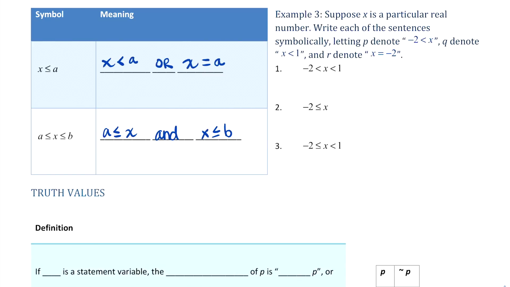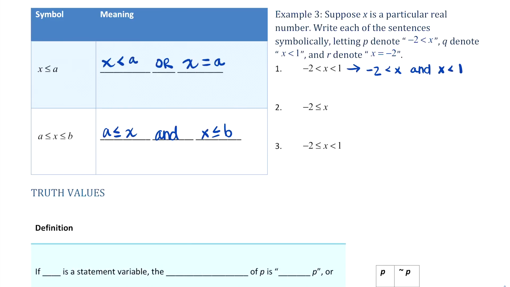We want to write each of the sentences symbolically, letting P denote -2 is less than X, Q denote X is less than 1, and R denote X equals -2. So if we want to say that X is between -2 and 1, then what would we have? This means -2 is less than X, and X is less than 1.